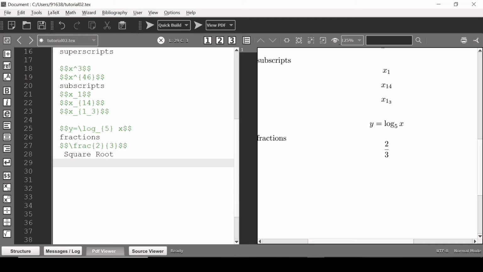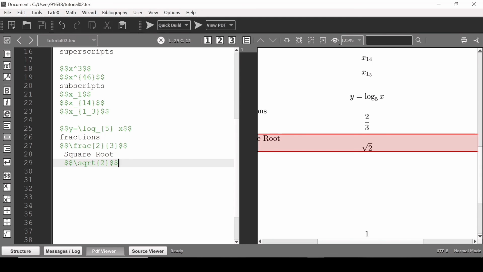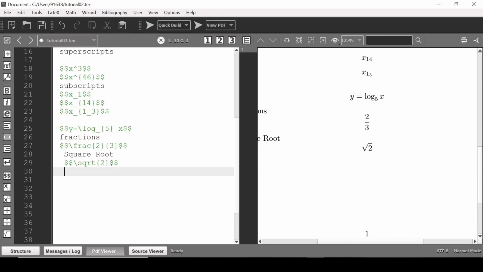How can we write a square root? Inside a double dollar sign there is a command sqrt. Let's write a basic one first. Under the root we want to write square root of 2, so it's simple: put 2 and then the double dollar sign, and you can see this.